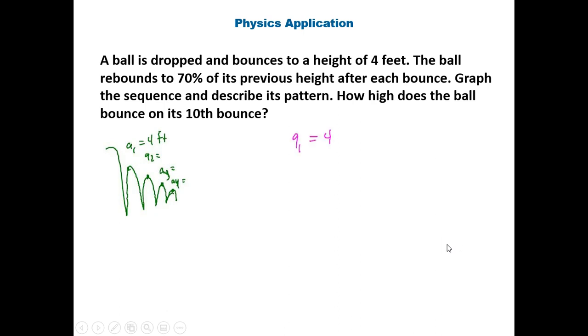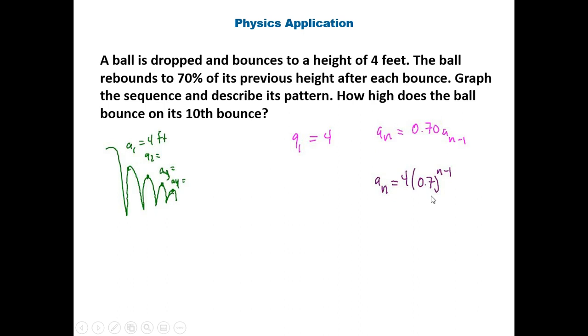So a sub 1 is equal to 4. a sub 2 would be equal to 4 times 0.7. a sub 3 would be a sub 1 times 0.7 times 0.7 again. So we are going to multiply by 0.7, n minus 1 times, from our a sub 1.